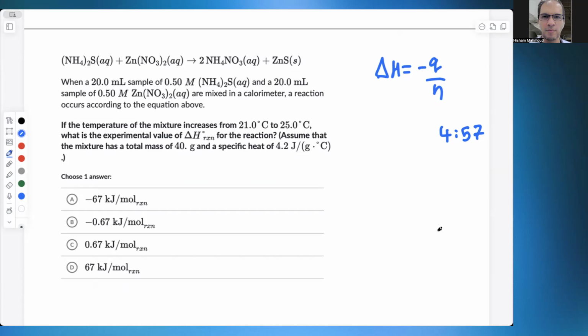And don't forget the sign and the unit, okay? The sign and the unit.